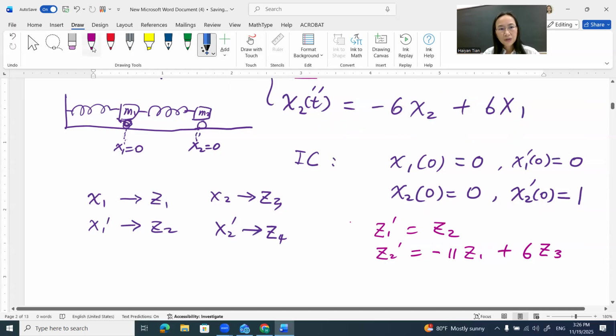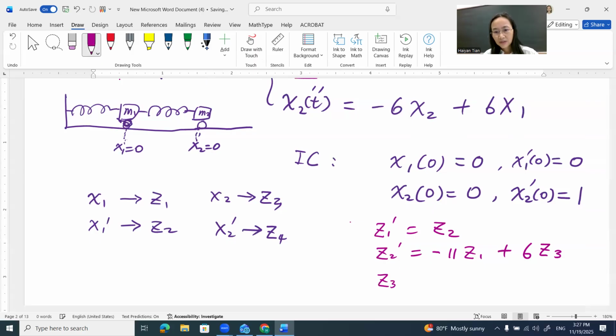So using the new notations, we can see the Z3 derivative is Z4, right? Because of this, Z3, the first derivative is Z4. And Z4 derivative will be x2's second derivative.